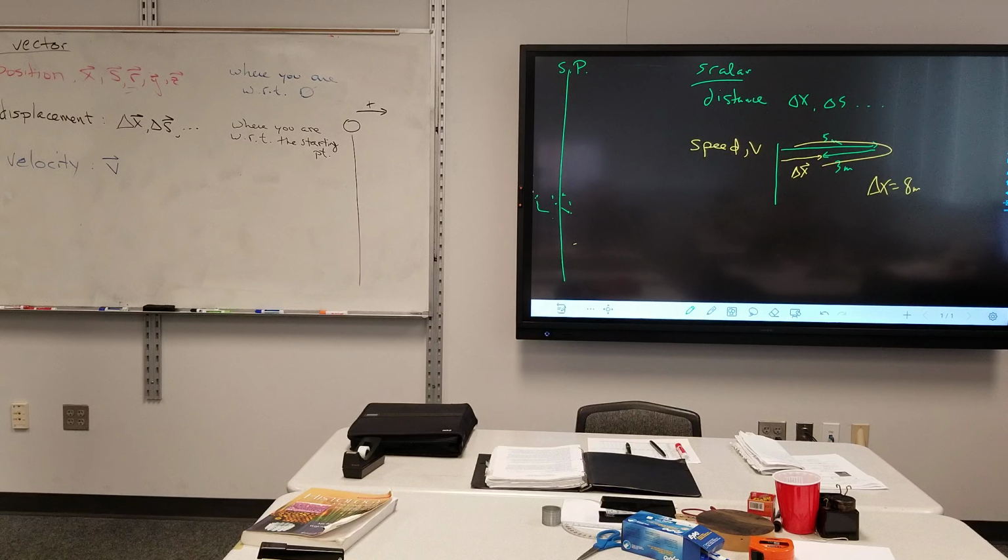Yes, absolutely. You don't get a velocity ticket, you get a speeding ticket, because they don't care which direction you're going in. Great way to remember it. All right, the two types, we have average and instantaneous.